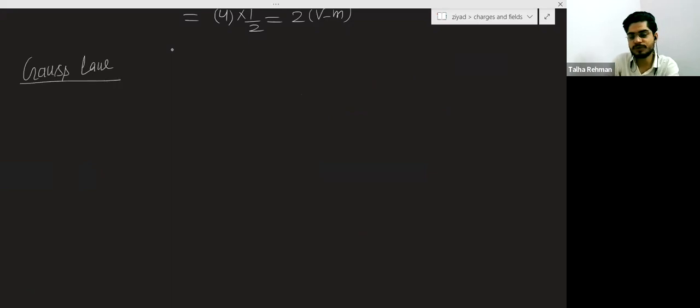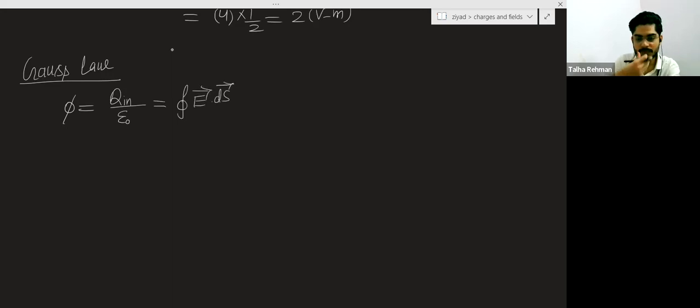Gauss law is a law used to calculate the electric flux. Electric flux is given by the charge inside the closed surface divided by epsilon naught, and this epsilon naught is the absolute permittivity of free space or air. This can also be given if you calculate the integral of A dot ds.